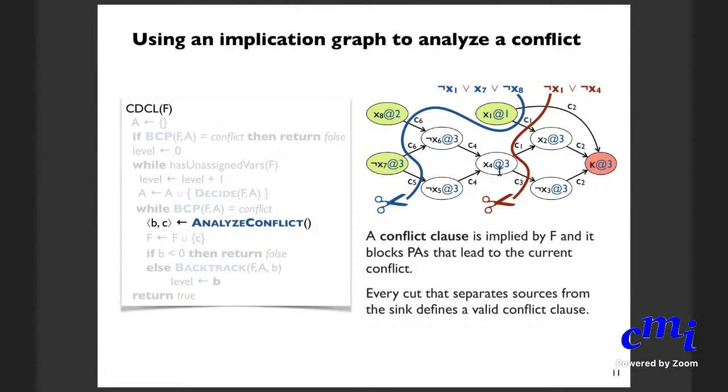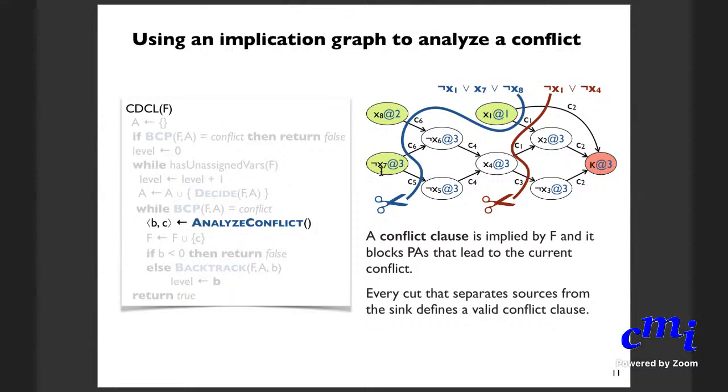This is a clause which has only one decision at the current level, and it is also a node through which every path from the explicit decision made at the current level passes.